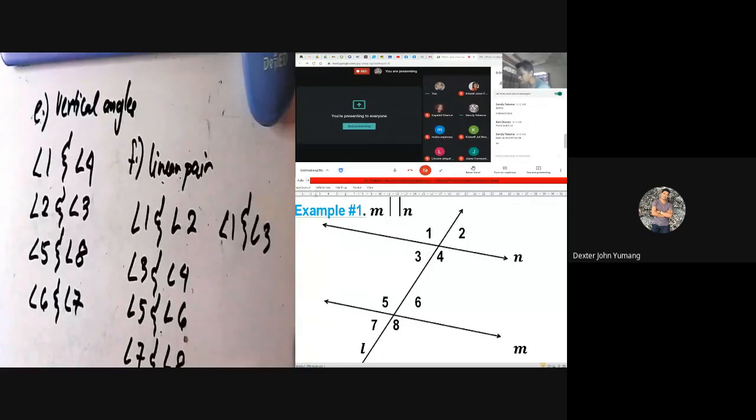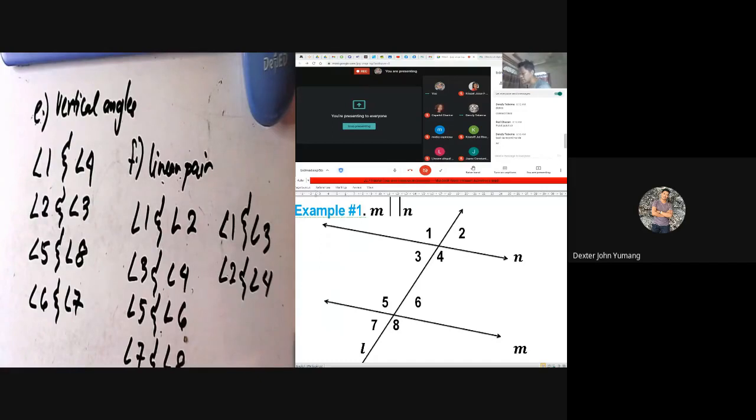Yes or no? So, in that case, si angle 1 and 3 nakabuo ng straight line. Straight line po yung nabuo niya. So, that is a linear pair. Next, angle 2 and angle 4. It is also an example of a linear pair kasi nakabuo siya ng straight line.